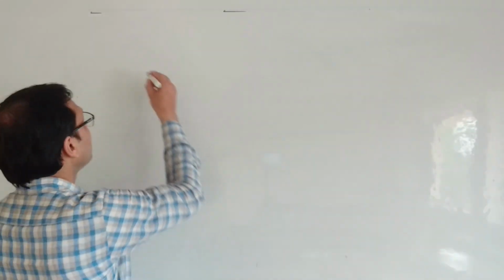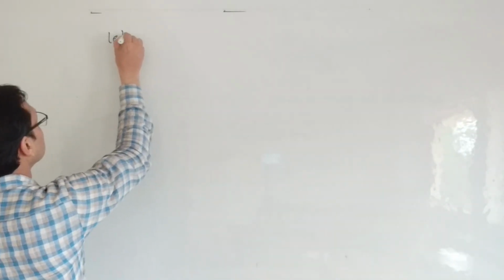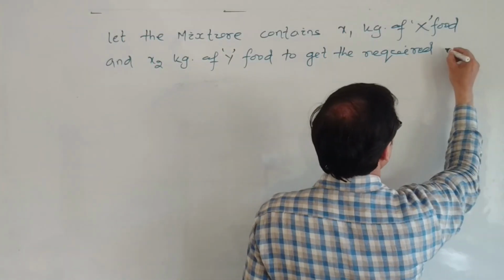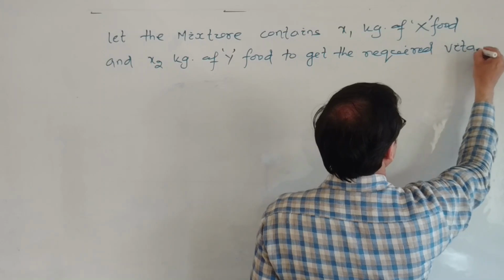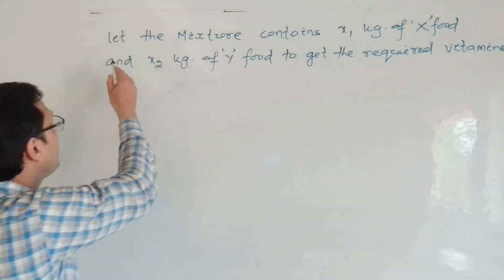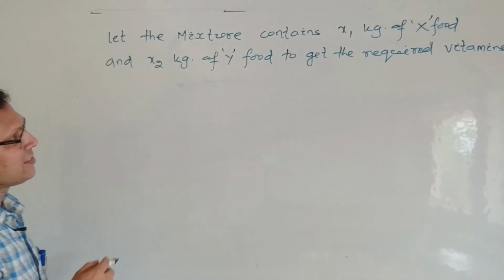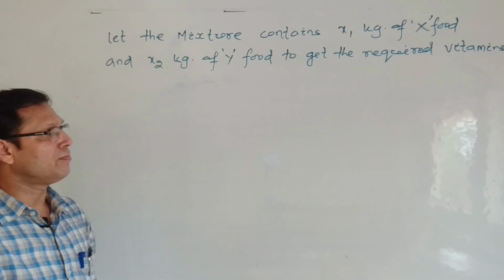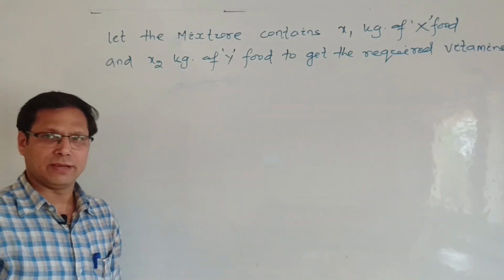So let us mention here: let the mixture contain x1 kg of X food and x2 kg of Y food to get the required vitamins.